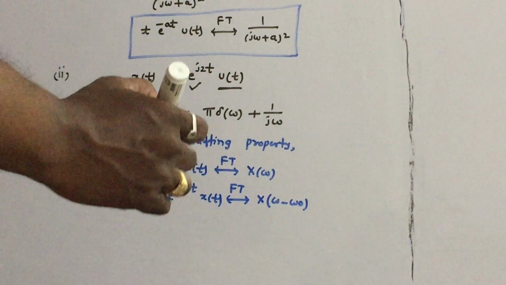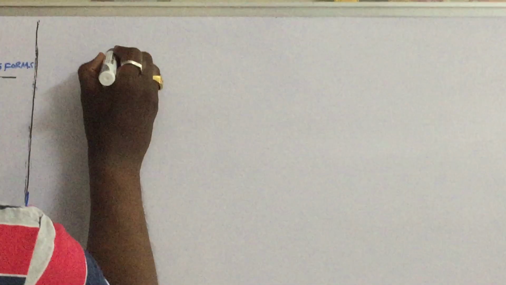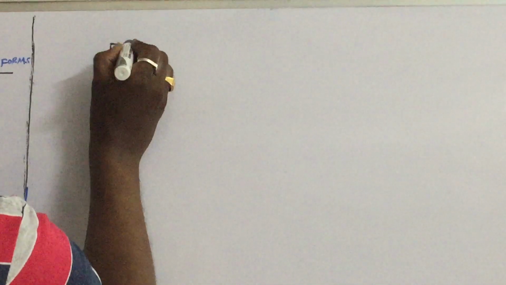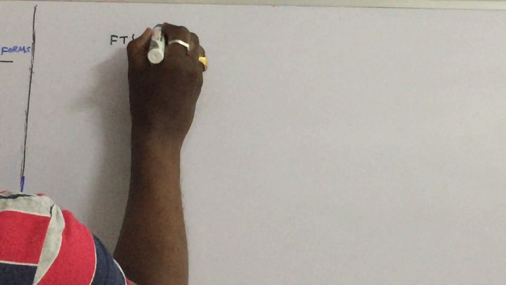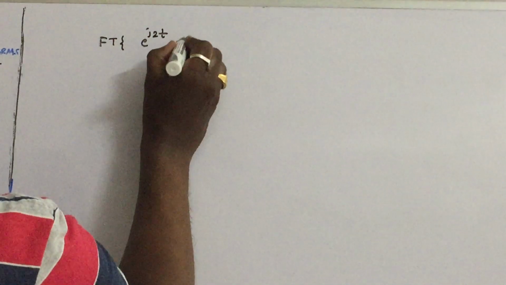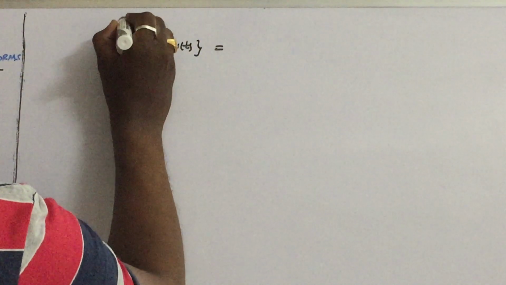So what is the Fourier transform of this? We can write the Fourier transform of what we want to find out, e power j 2t into u of t. Here the omega 0 value is 2.